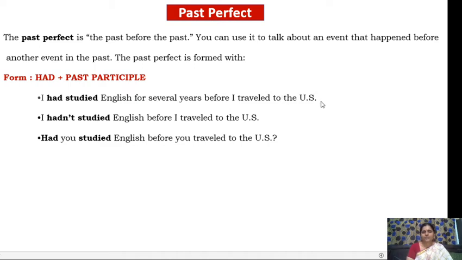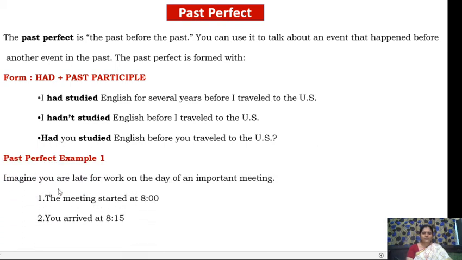So to represent such an action which happened first, we use the past perfect. See this one: I hadn't studied English before I traveled to the US. The same thing we have used here, but it is a negative statement. Had you studied English before you traveled to the US? So this is a question. In this sentence, we have two actions which happened in the past, one action happened before the other action.